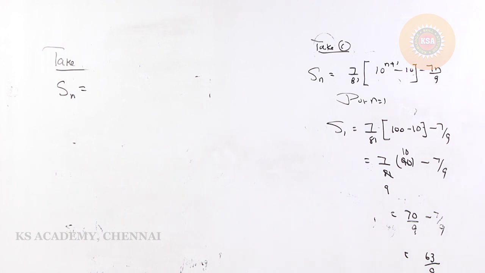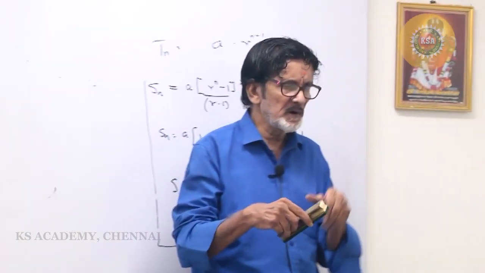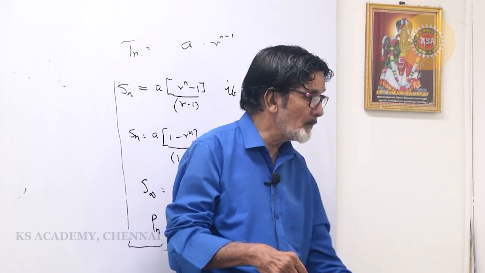Take option A. You write Sn is equal to, put n is equal to 1.